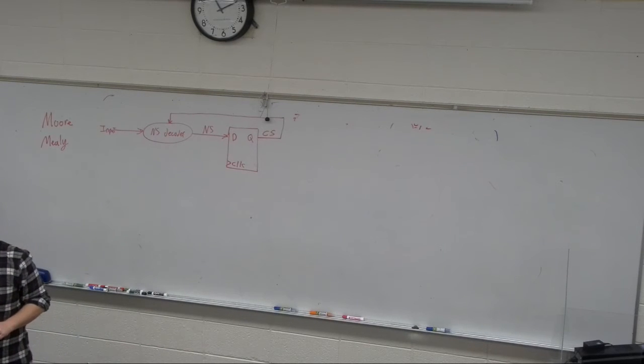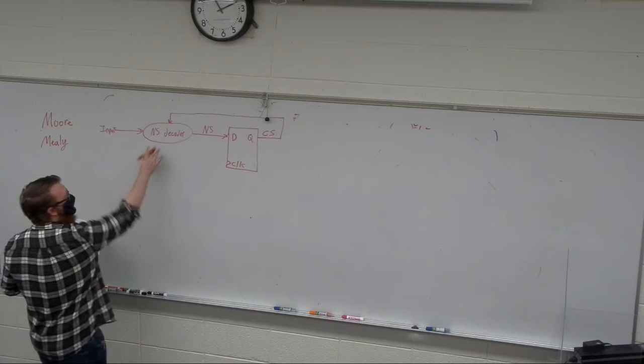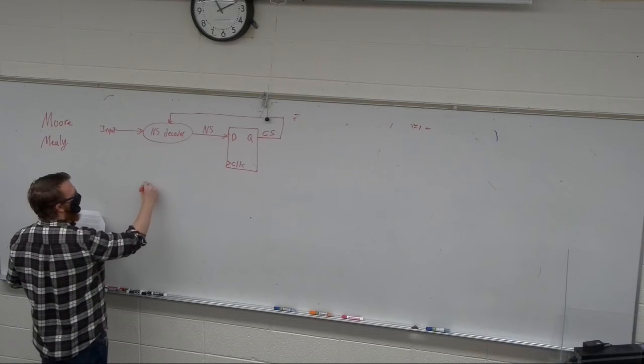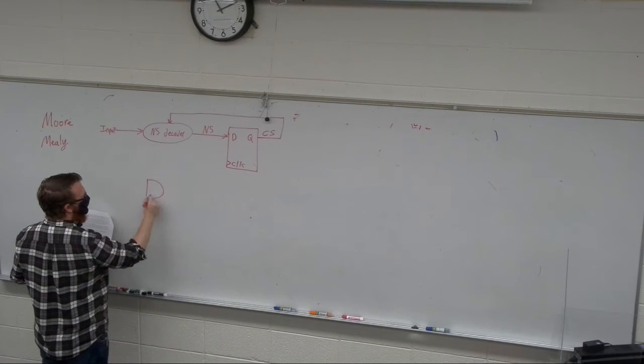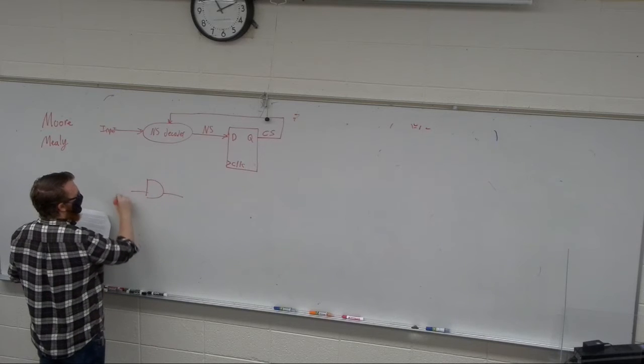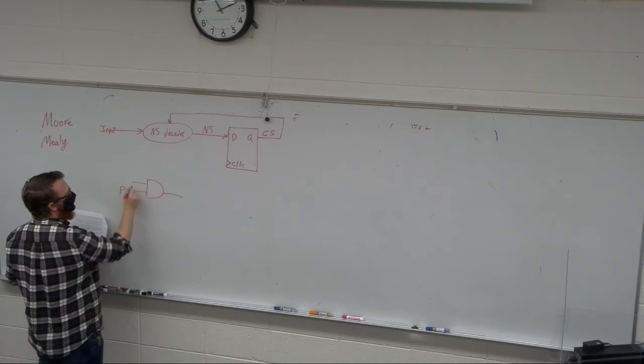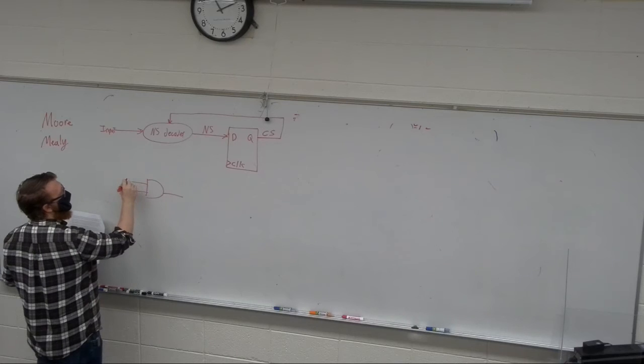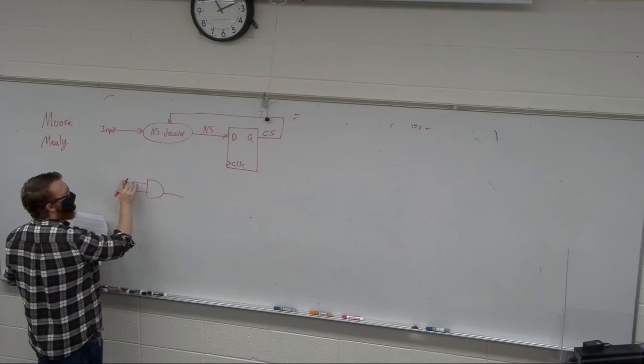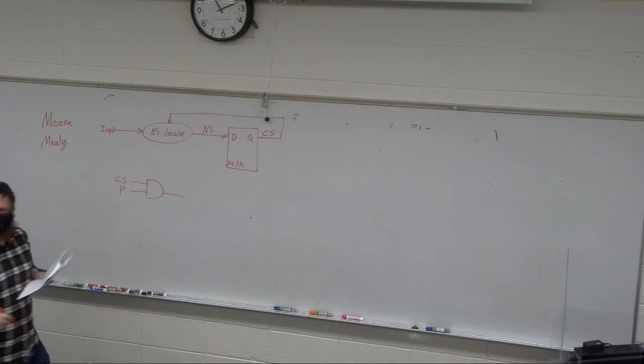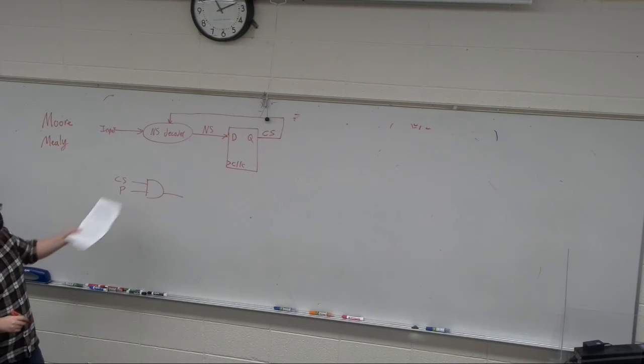So in that case, my next state decoder would just look like an AND gate where pressure is one input and this is current state, and current state is idle.